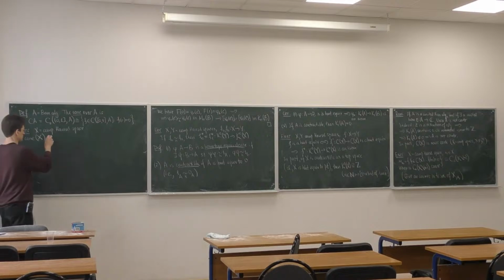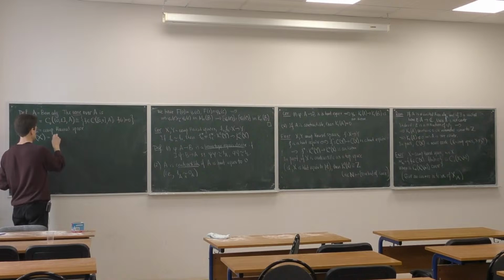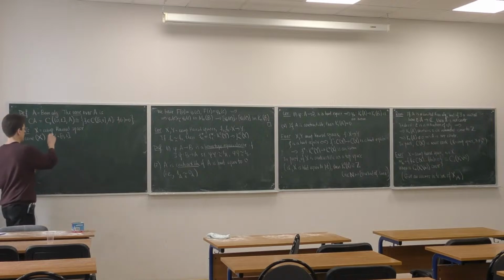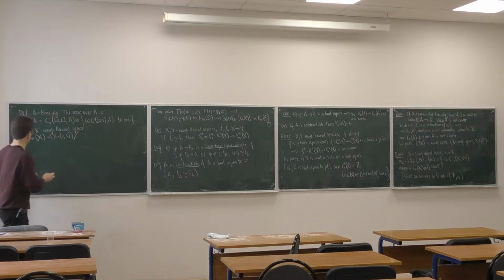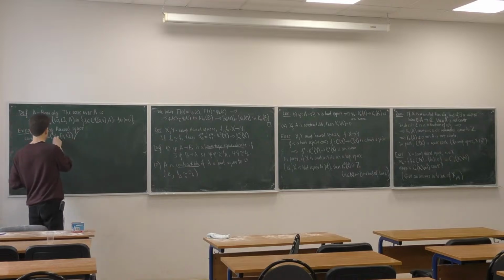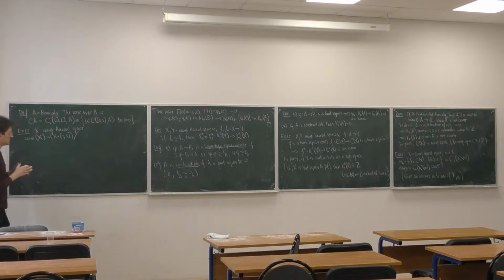So by definition, this is a topological space which is obtained as follows. We take the cylinder over X, that is the product by the closed interval, and take one of the bases of the cylinder and contract it to a point.